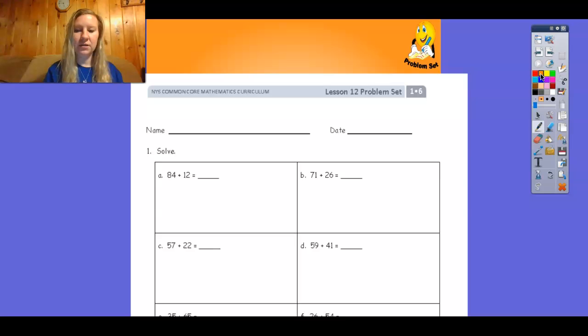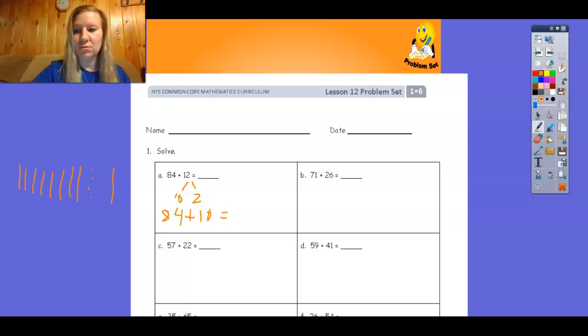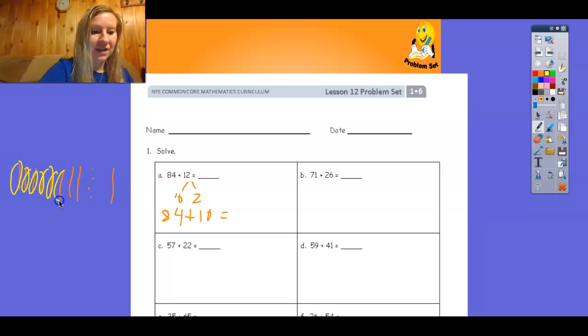Okay, so we're going to go ahead and solve our problem set. 84 plus 12, I'm just going to break my 12 into a 10 and a 2. I'm going to draw the quick tens off to the side. 1, 2, 3, 4, 5, 6, 7, 8. 1, 2, 3, 4. So I have my 84 plus my 10. So I'm going to say 84 plus 10, and I'm going to count how many. 1, 2, 3, 4, 5, 6, 7, 8, 9.